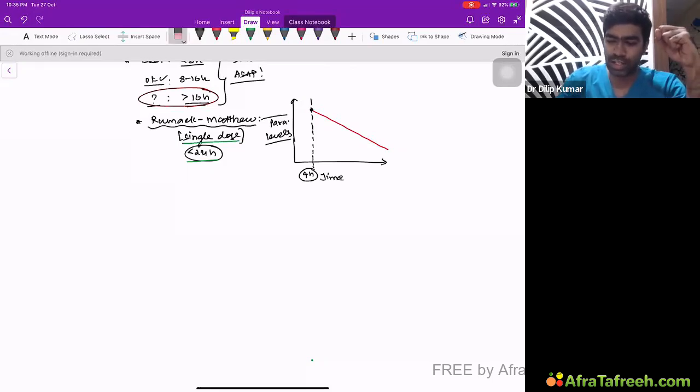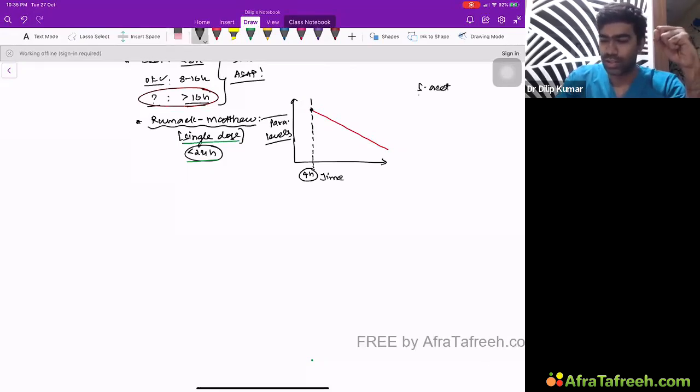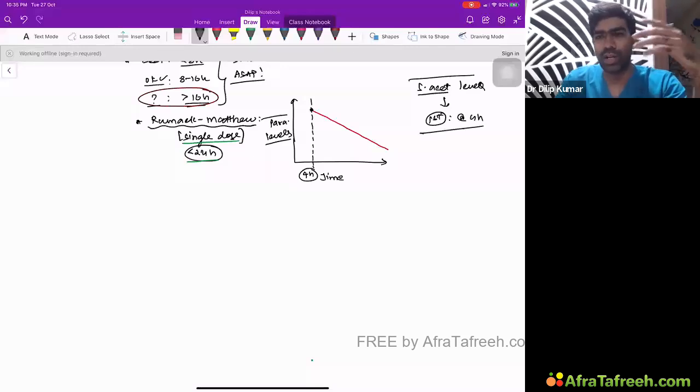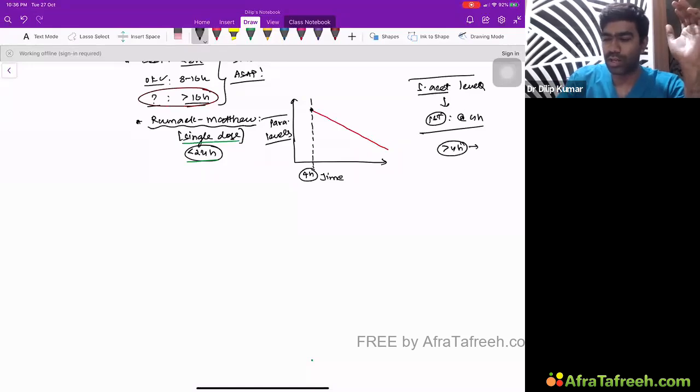If you want to see the serum acetaminophen levels, the first level monitoring should be done at 4 hours only. Then we'll be doing it at every 4 hour interval, but nevertheless, the first one should be done at 4 hours. If the patient is coming after 4 hours, then no problem. You can take any time, not an issue. You can take it as soon as possible.